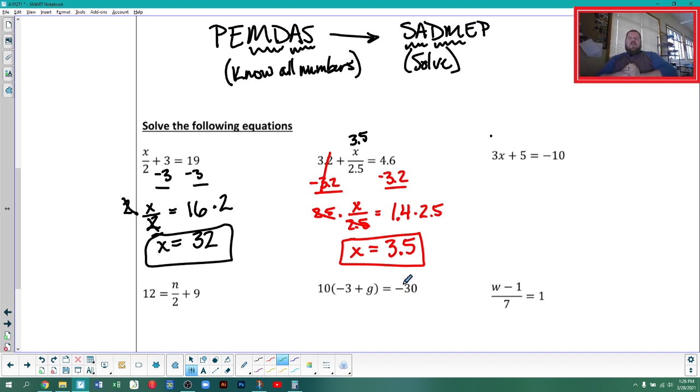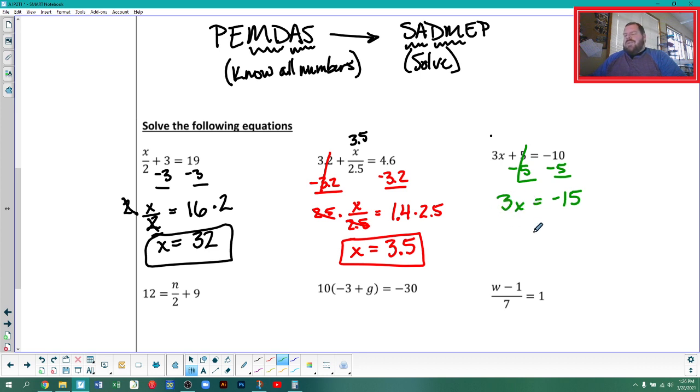Okay. So again, let's look at this one. Let's think if we knew that x was 10. I would multiply it by 3, and then I would add 5. So I'm going to undo those in the reverse order. So I'm undoing adding 5, undoing that to both sides. 3x is going to be equal to negative 15. That's negative 10 minus 5.